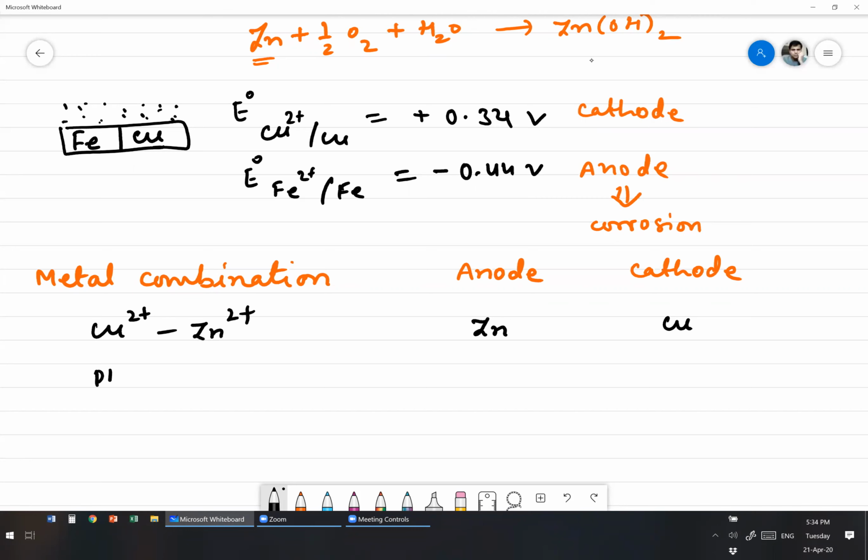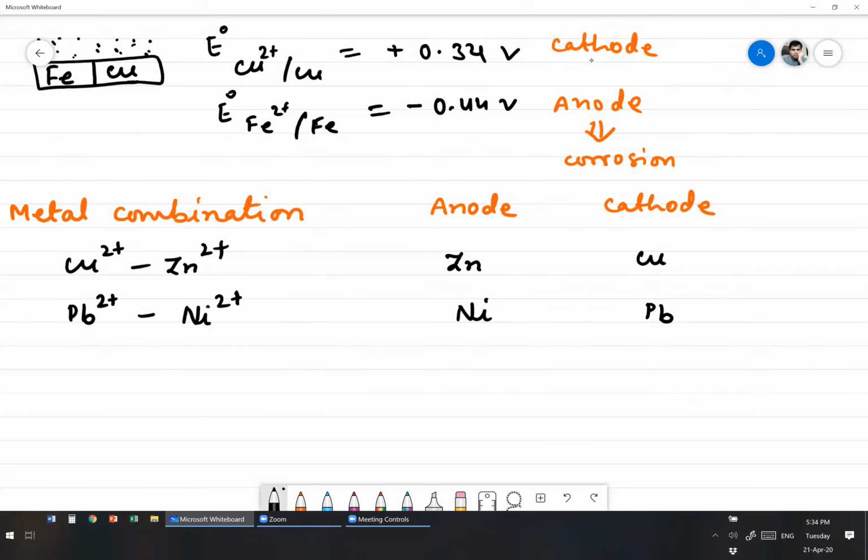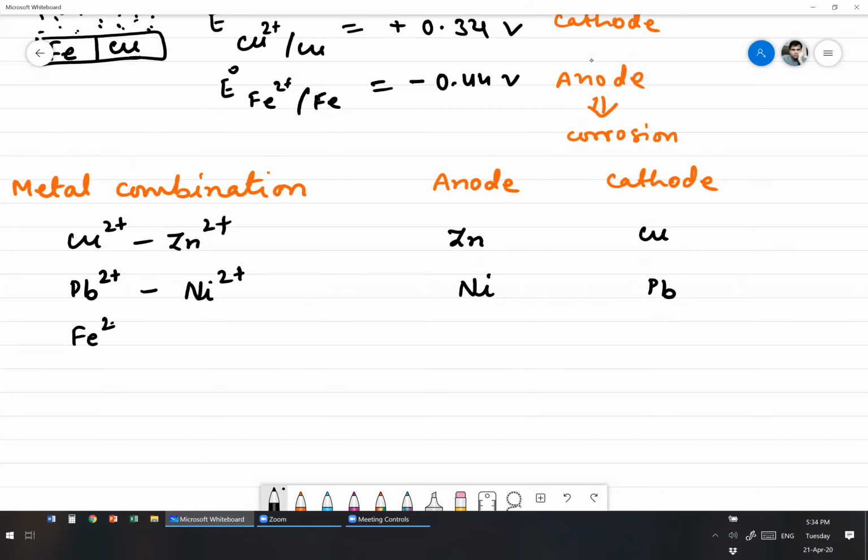Now let's take another couple, nickel and lead. In this case, nickel will act as anode and lead metal acts as cathode. Then another, we have already taken this iron and zinc, right? Zinc acts as anode and iron is cathode. Let me take one more, Sn2 plus and Fe2 plus. In this case, iron acts as anode and tin as cathode.